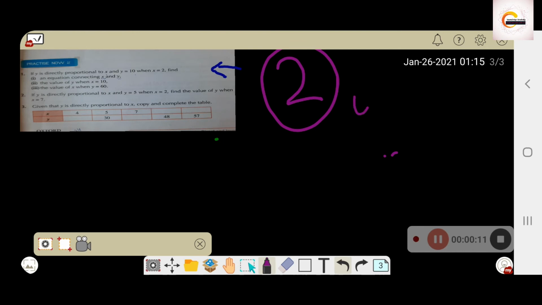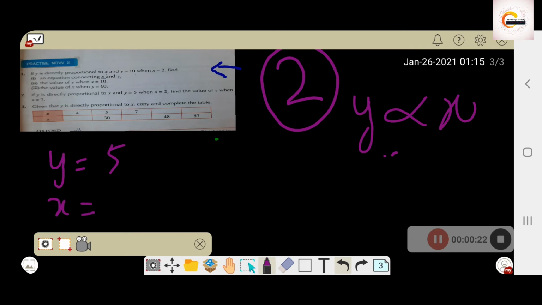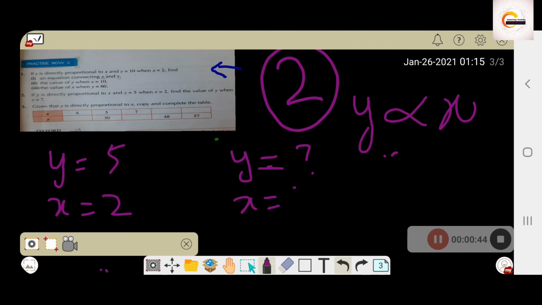if y is directly proportional to x, then y is equal to 5, x is equal to 2. Find the value of y. We have to find the value of y when x is equal to 7. Very simple.